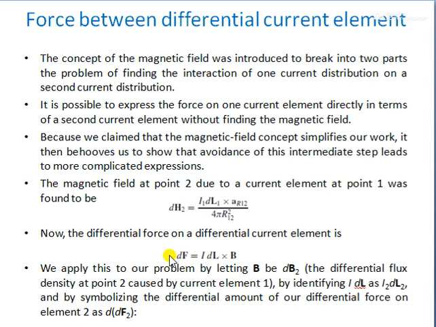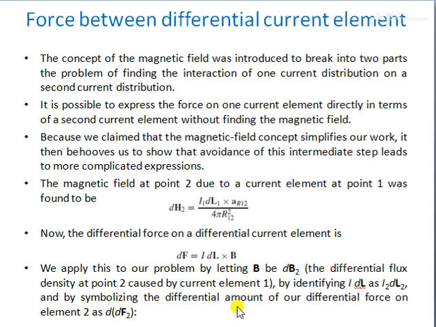Now the differential force on a differential current element, as we already know, is dF equal to I dL cross B. Now we apply this to our problem by letting B be dB2, the differential flux density at point 2 caused by element 1.